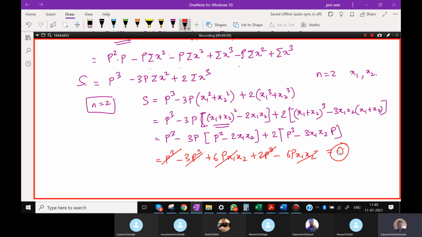Now what happens if I take n equal to 3? That will be a slightly longer calculation.